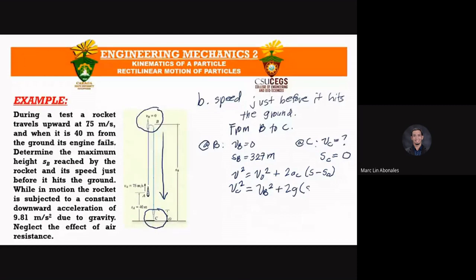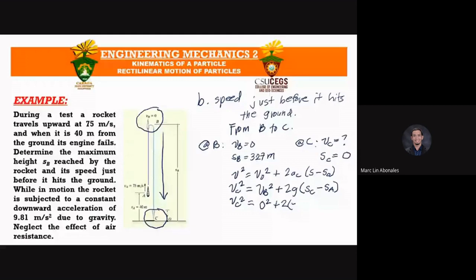Final position is your SC minus the initial position. Okay, so VC squared is what we are looking for. VB is 0. So that would be 0 squared plus 2 times negative 9.81.